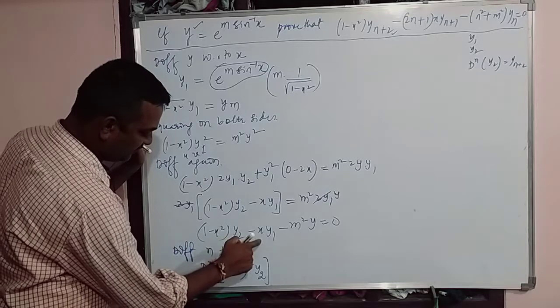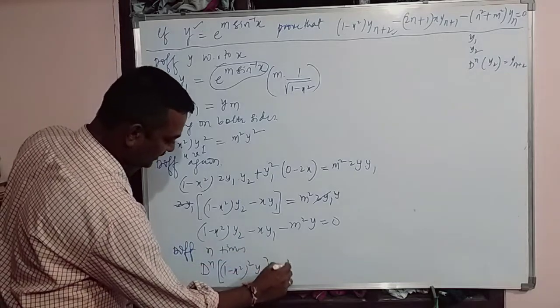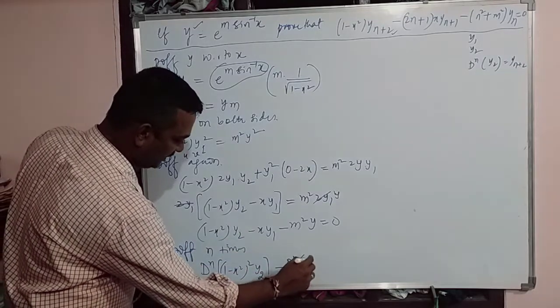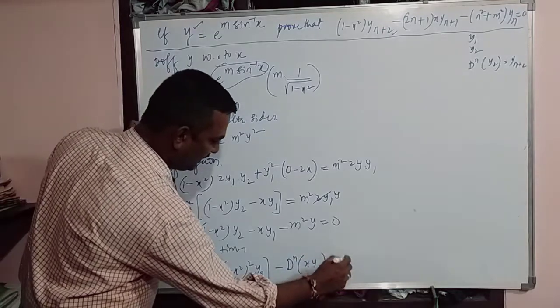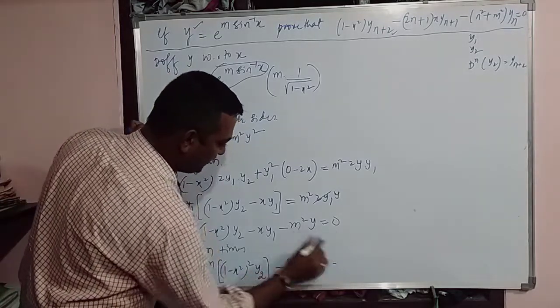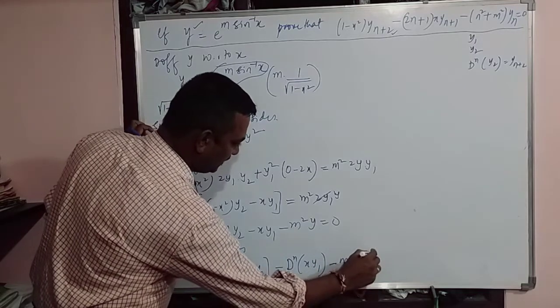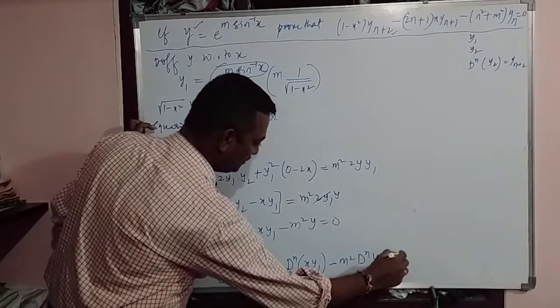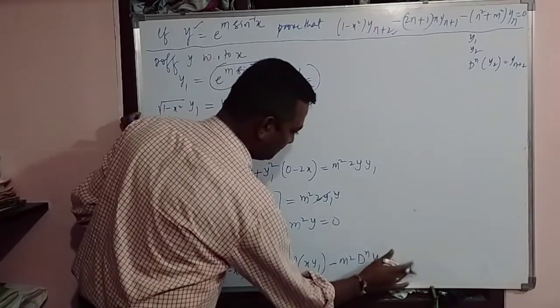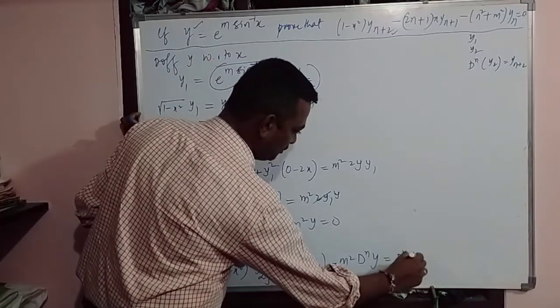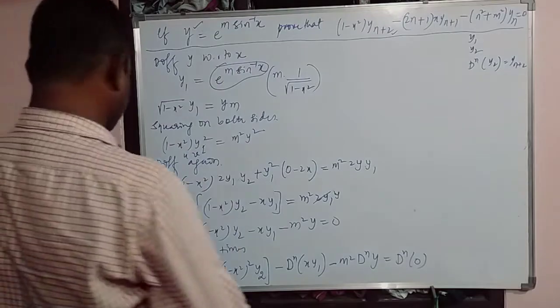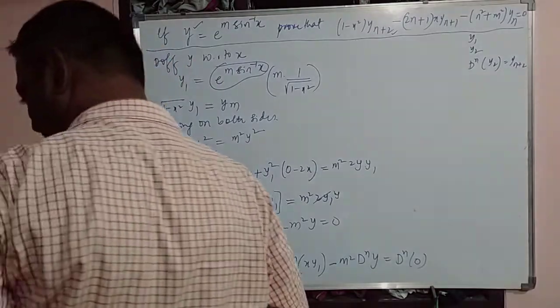The nth derivative of a sum is the sum of the nth derivatives: minus the nth derivative of x y1, minus, taking m square constant outside, the nth derivative of y is equal to, on the right side, the nth derivative of 0, which is 0 itself.